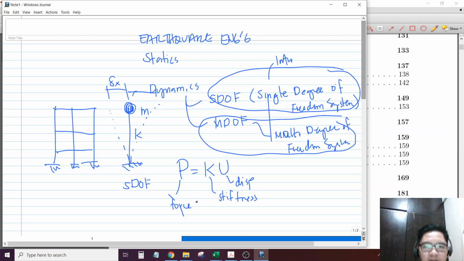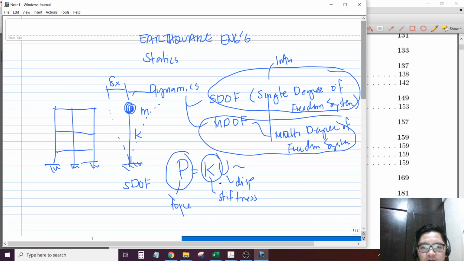That is basically the equation of structural analysis. P is in matrix form, K is also in matrix form, therefore U is also in matrix form.